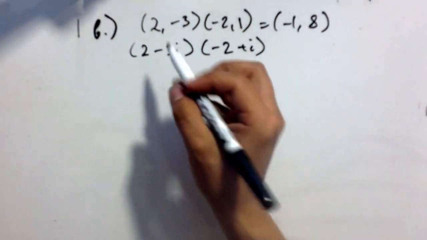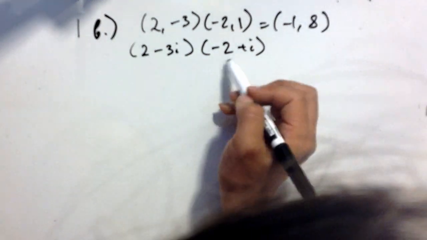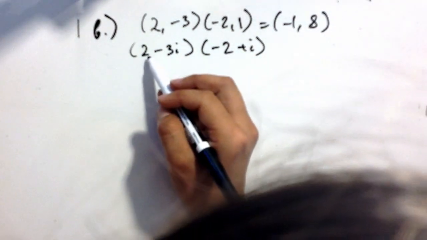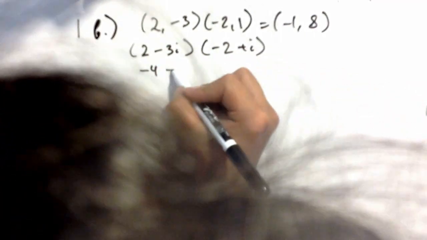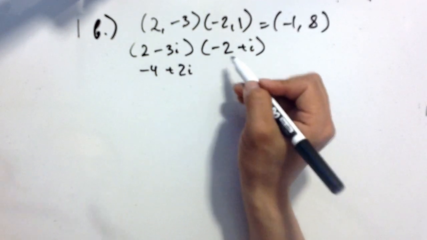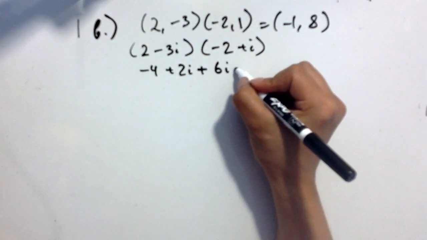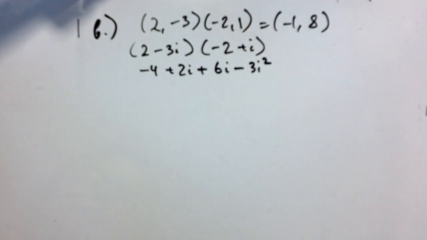Then I will multiply the terms out. So I have here 2 times minus 2, I'll have minus 4, and 2 times i, I have 2i. Then minus 3i times minus 2, I'll get plus 6i, and then I'll have 3i squared.